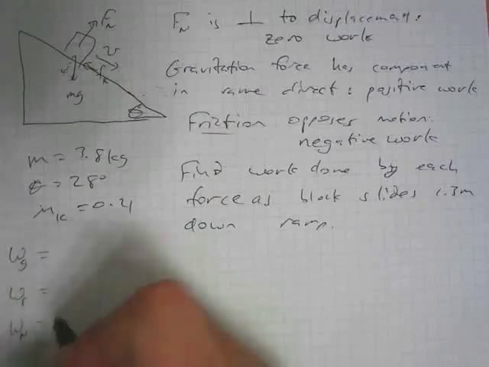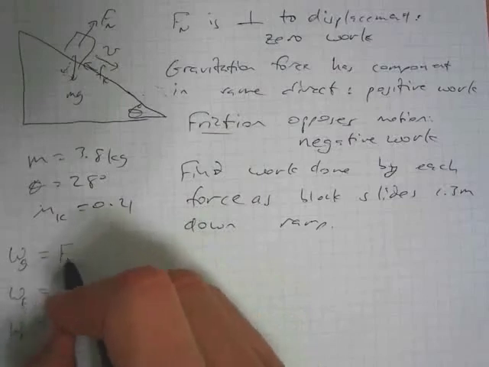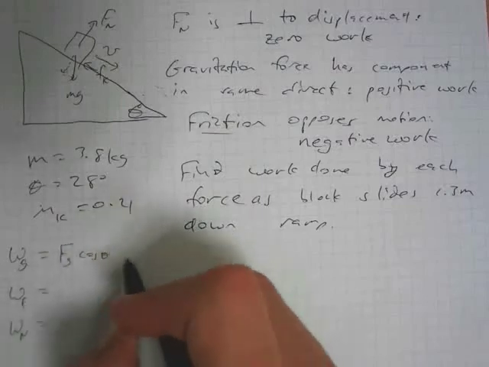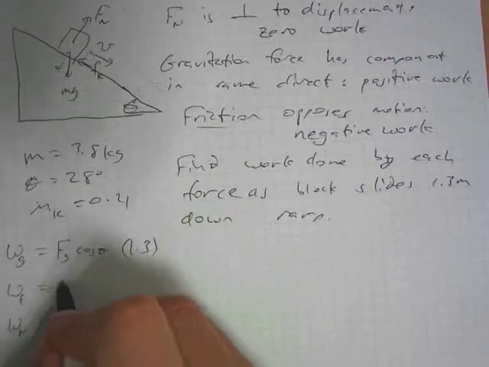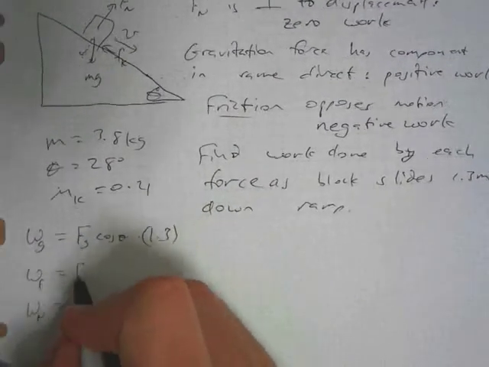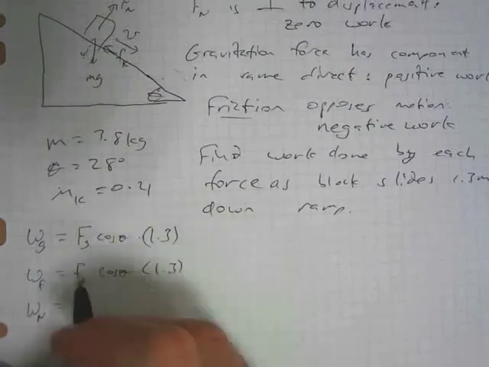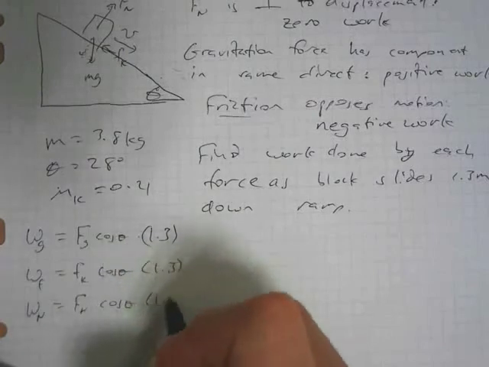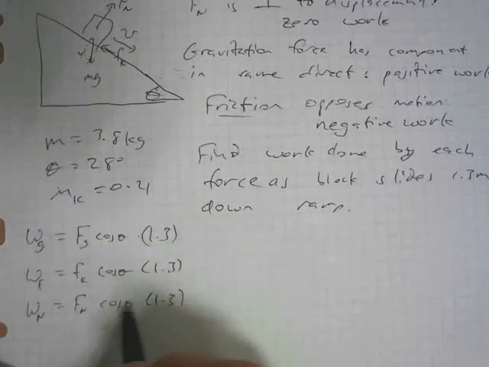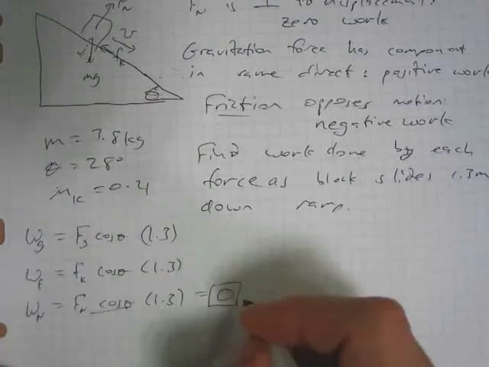Work done by gravity is the force of gravity times the cosine of the angle between them times the distance, which is 1.3. Work done by friction is the force of friction times the cosine of the angle times 1.3. Work done by normal is normal force times the cosine of the angle times 1.3. Again, we know this angle is 90, so the work done by the normal force is 0 joules.